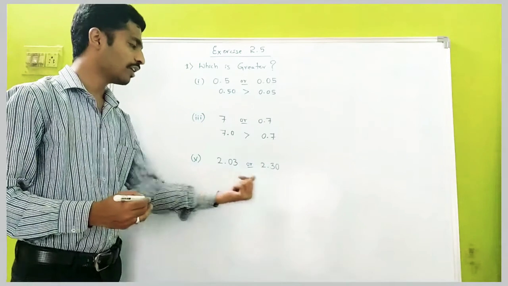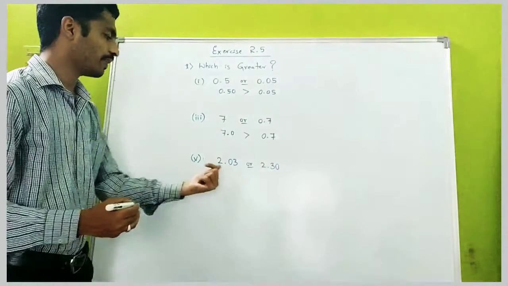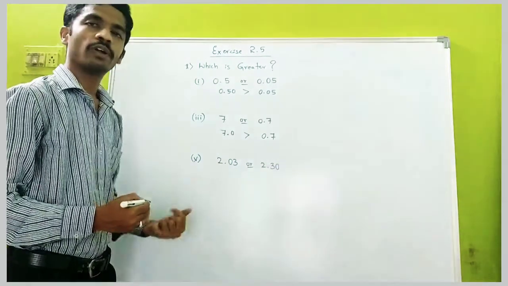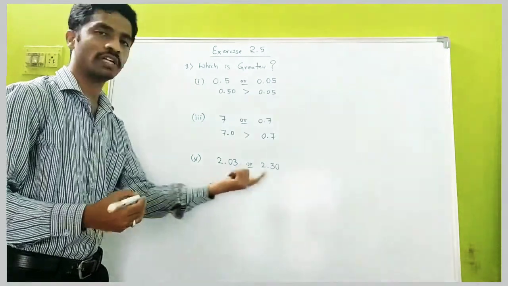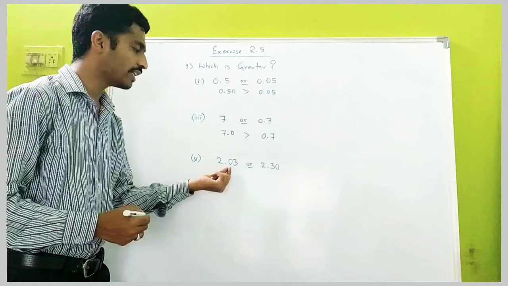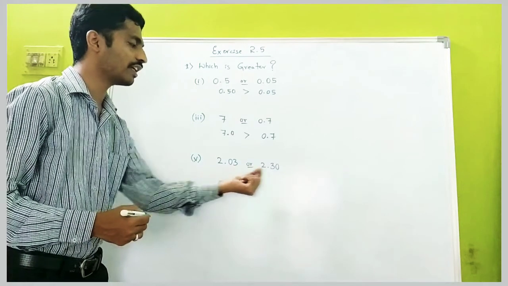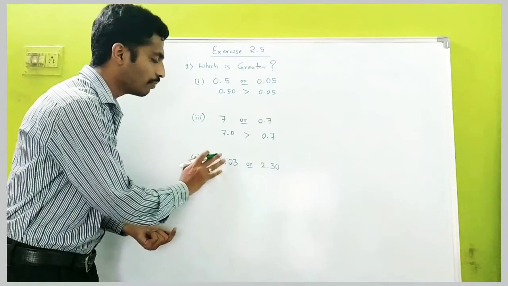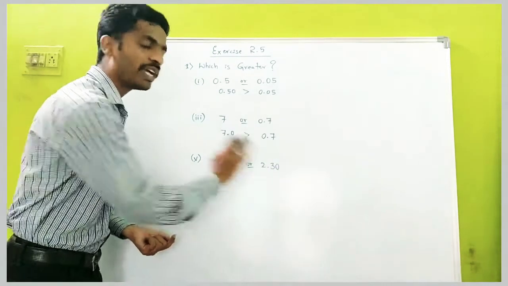Now coming to the fifth one; fourth and sixth are for practice. The fifth one here is 2.03 and 2.30. What to do? If you think about the whole numbers, both are the same, there is no difference. But here 0.03 is there, here 0.30 is there. So just ignore the 2 and point here and the 2 and point here. It will be 3, it will be 30.